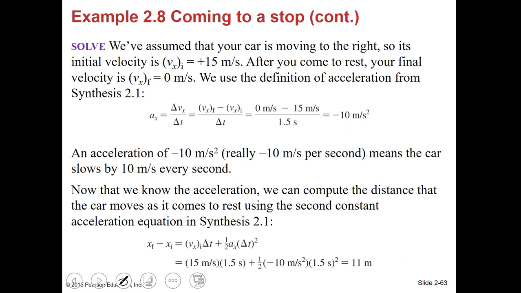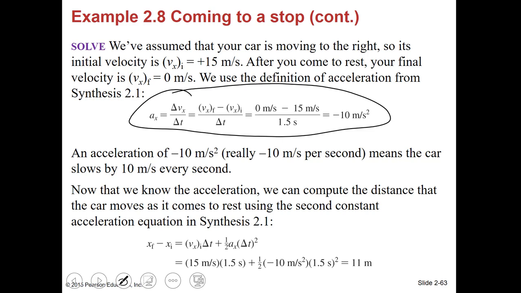That's what's being done in the first step here. And it turns out to be negative because we're slowing down. And then once you have the acceleration, we could use this kinematics equation to figure out what the displacement is. That's what's being done there. Plus 1/2 a t squared.